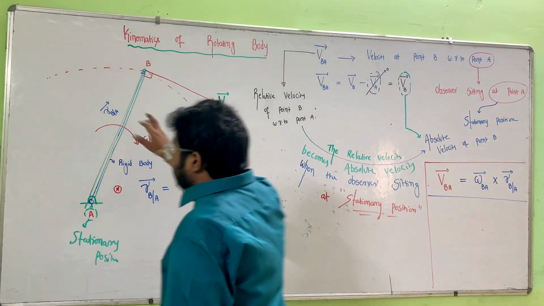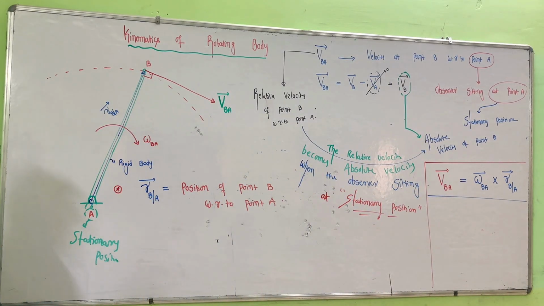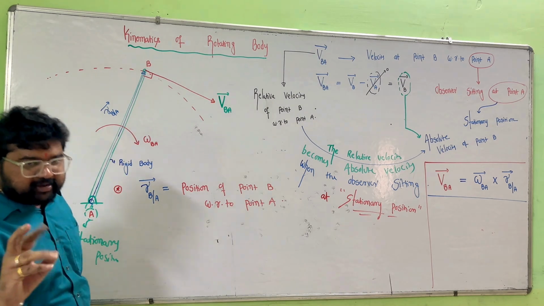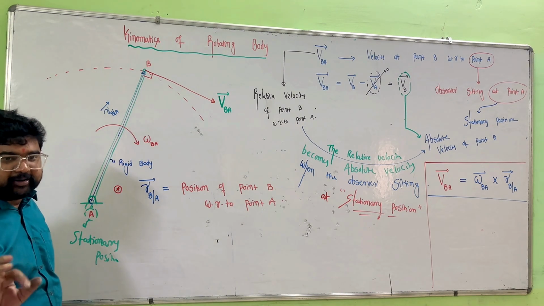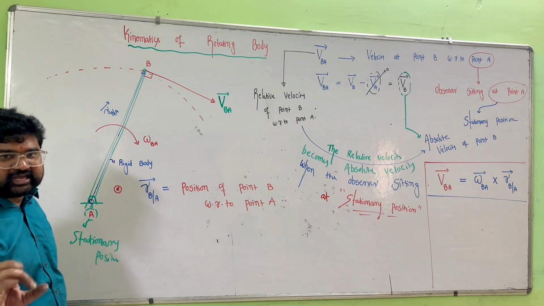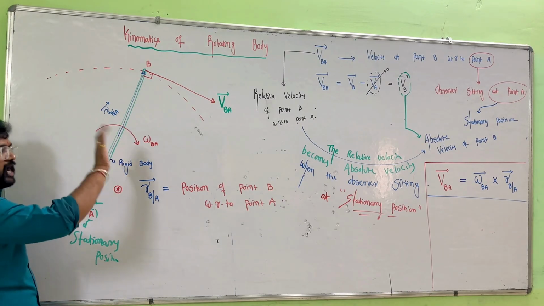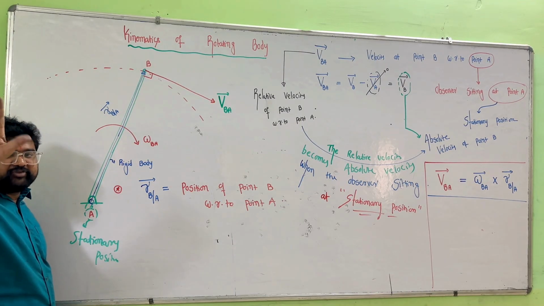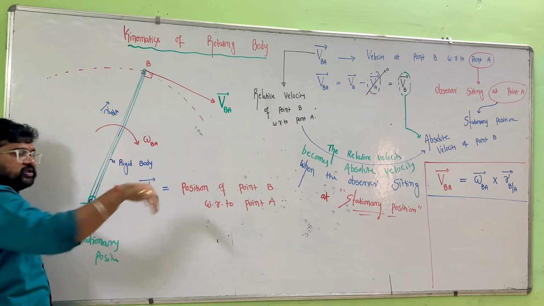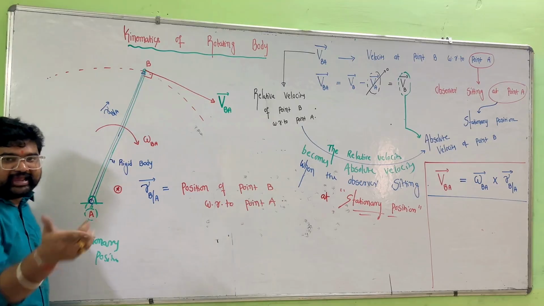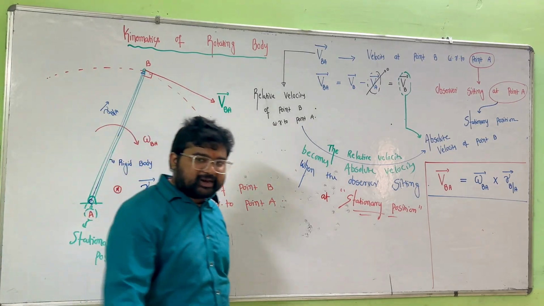Omega. What is the direction of omega? Plus k cap or minus k cap? Minus k cap. Okay? Fold your fingers in the direction inward: minus k cap. Outward: plus k cap.